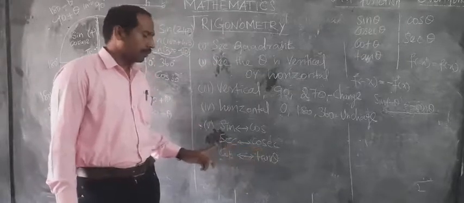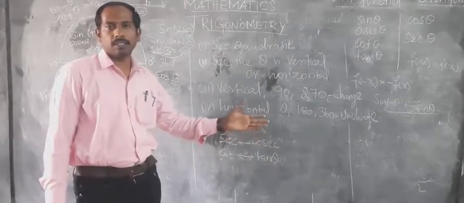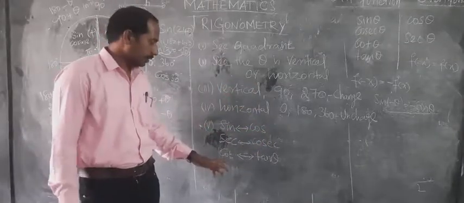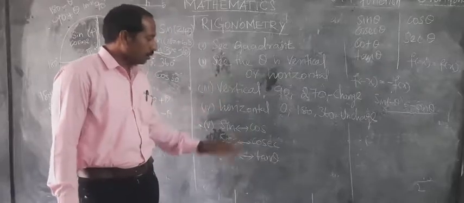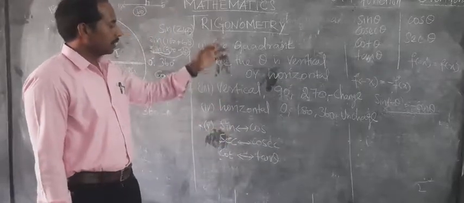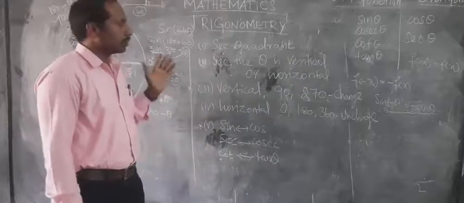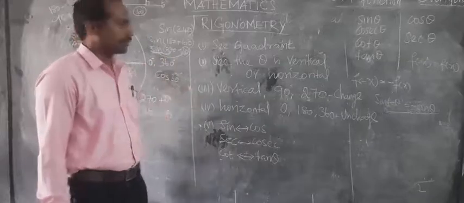If you write using the horizontal angle, your answer will be secant theta, but the theta value you can find from the table, and it will be the same answer. So cot is also the same. Now you have to keep in mind these 5 points, so you can find whichever angle you want easily.